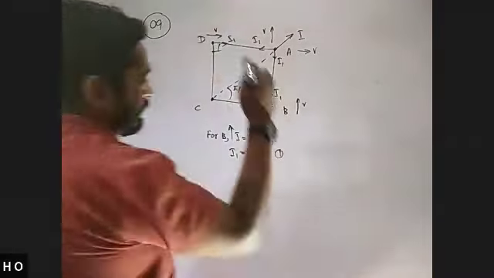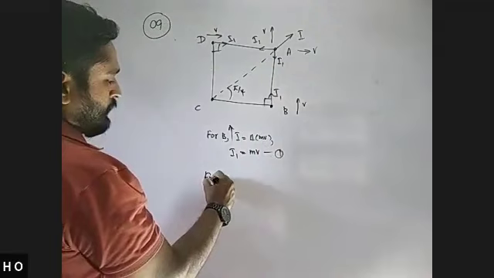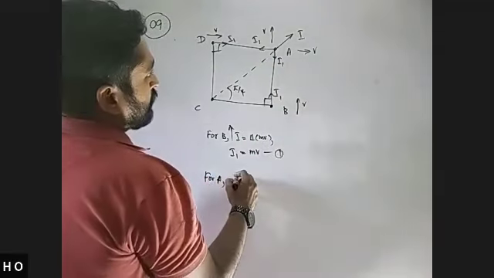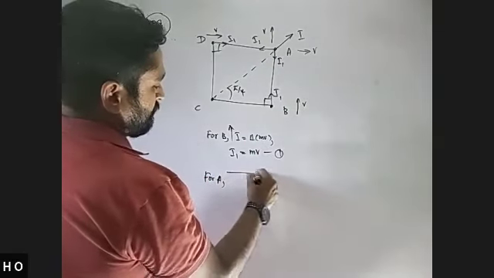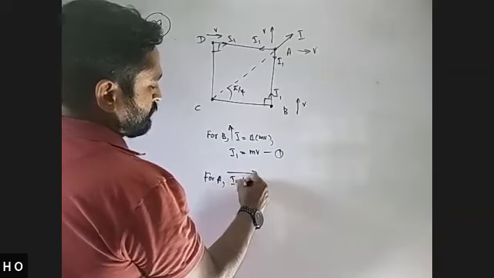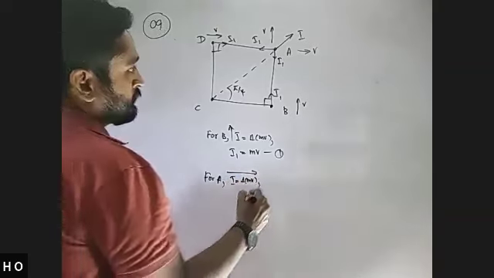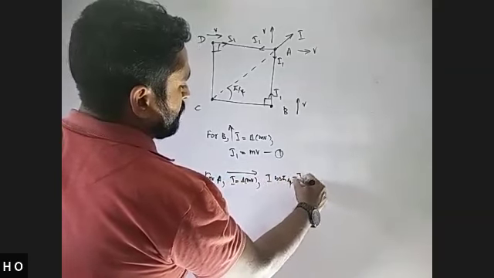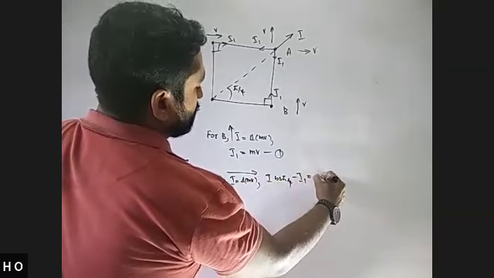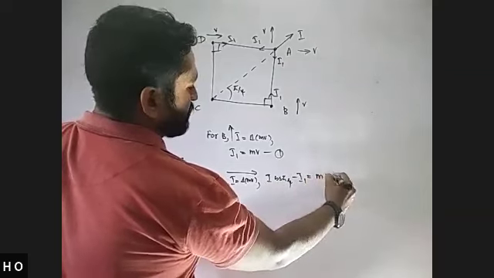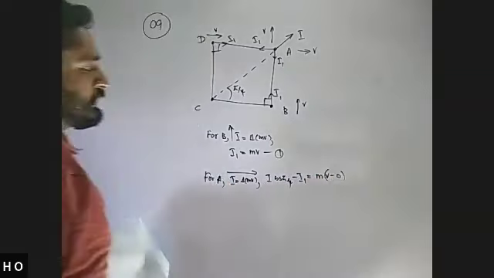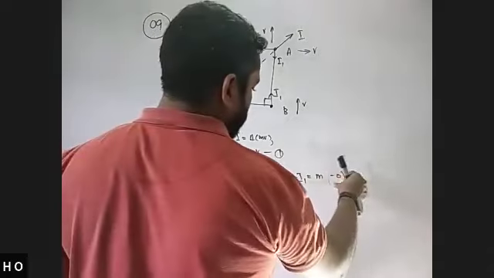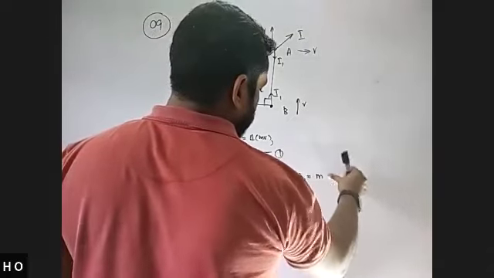Let us go directly to A. For A, you can apply I equals delta MV in any direction you prefer. I'm applying it towards here. So it is I cos 45 minus I1 equals MV minus nothing. At the start, you don't have anything.